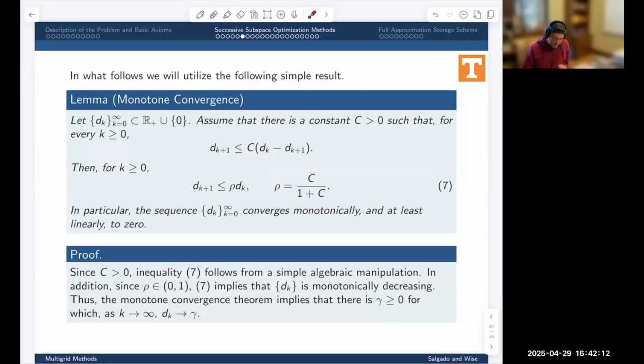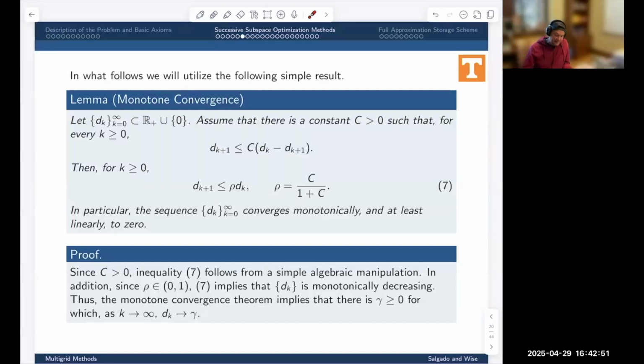All right, so 7 on its own then implies, so we get directly from the assumption to 7. 7 implies that d_k is monotonically decreasing. So therefore, the monotone convergence theorem kicks in, right? So if a sequence is non-negative, then the monotone convergence theorem says that there's some gamma greater than or equal to 0 to which that sequence must converge. That's the monotone convergence theorem from analysis, 447.